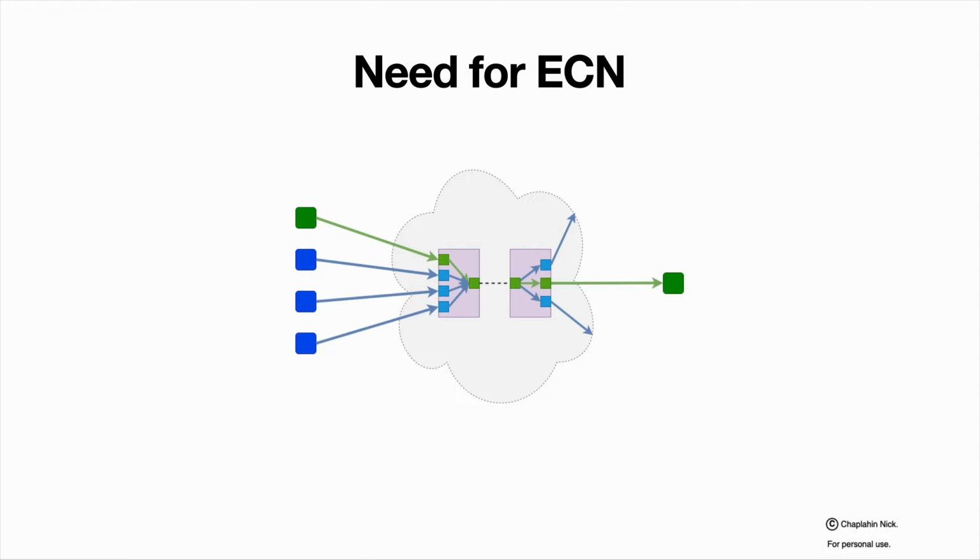At some point a congestion condition appears on this port. We're trying to transmit more than the port physically can transmit to the next participant.